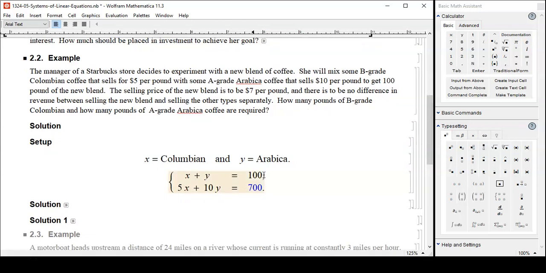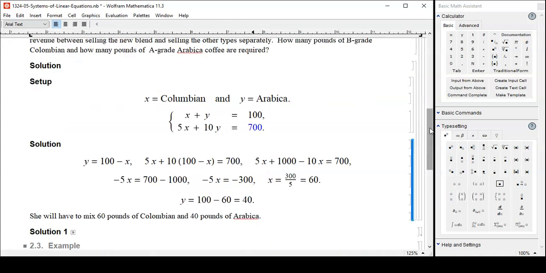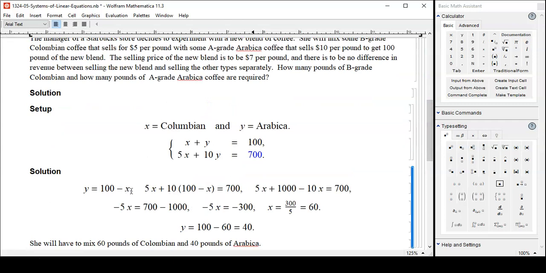So let's redo this. X plus Y is 100, the total weight. And then 5X plus 10Y, the dollar amount. That is $7 per pound and total 100, so 700. Solving for one variable, y is 100 minus x from the first equation, and then substitute right here.